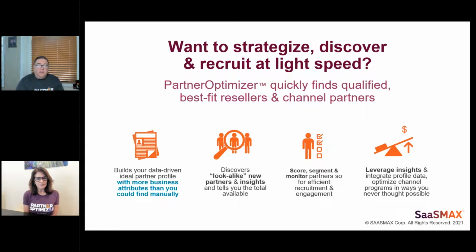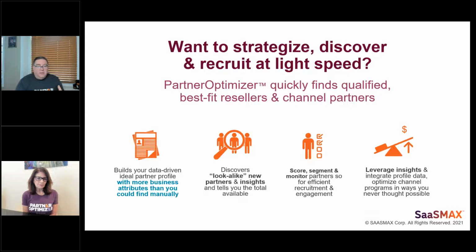We also do scoring and segmentation, like I mentioned before. So if you have a large channel program today, you have a lot of inactive partners, or if you have multiple product sets and you're trying to figure out which partners are good for each set, we can definitely come in and help you really understand that in the segmenting, the grading, the scoring, and which partners that are selling A will be good for C, and which ones, vice versa, right?